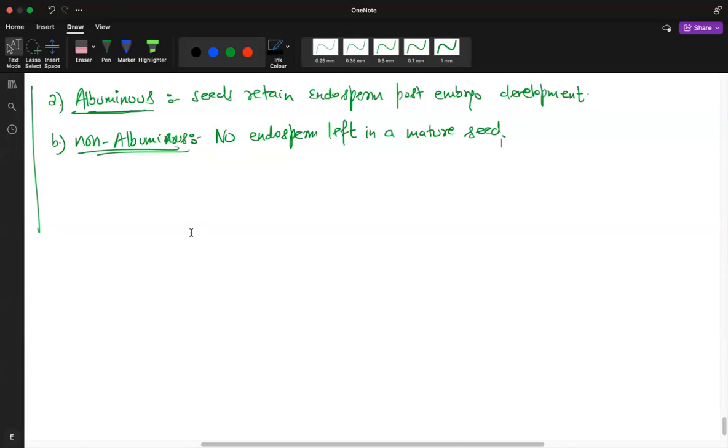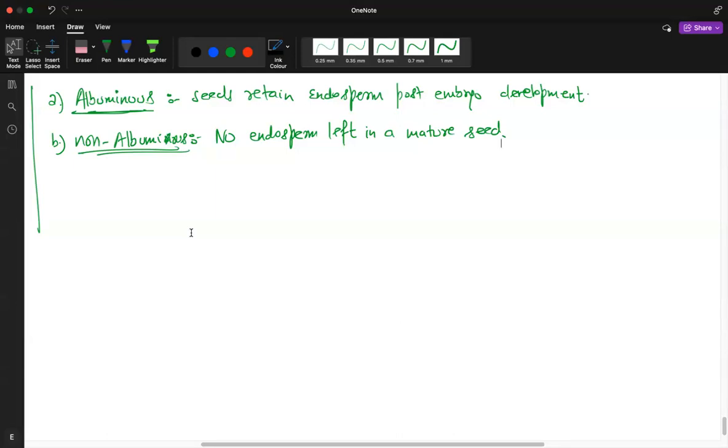So if they ask you what is a perisperm, write down: in some seeds, the remnants or leftover of nucellus tissue is present.